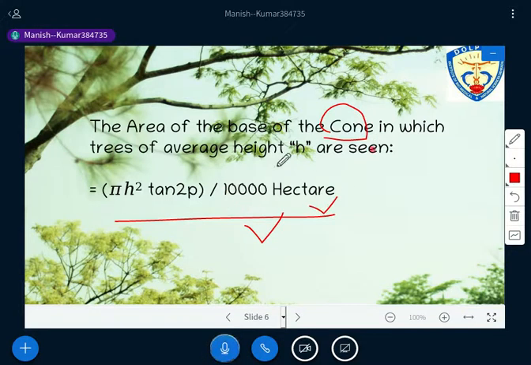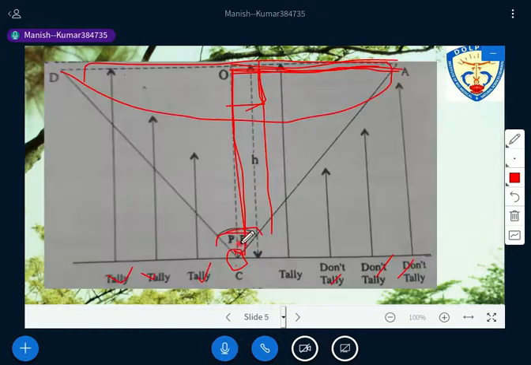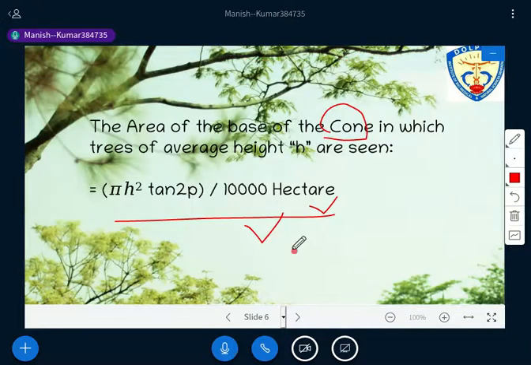That is the area of the base in which trees of average height h are seen. Is it okay? P is this angle, and h is this h, the average height of your stand.